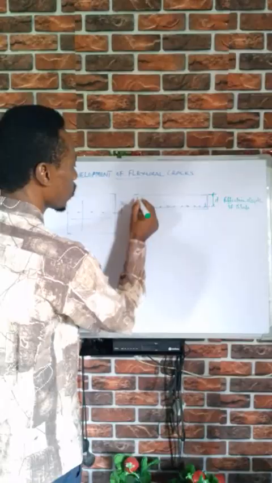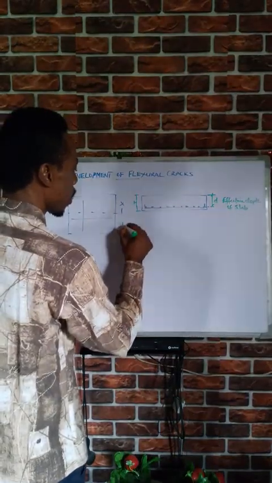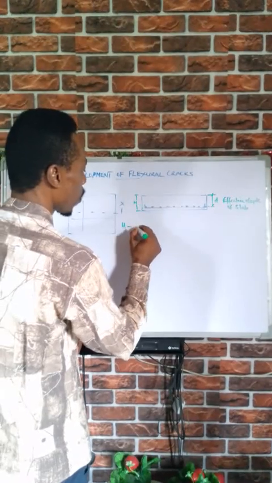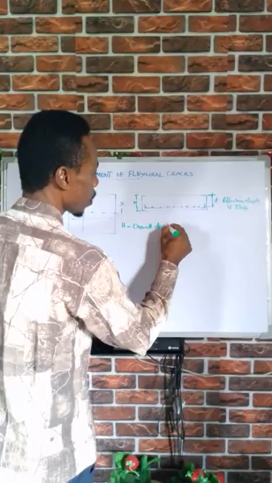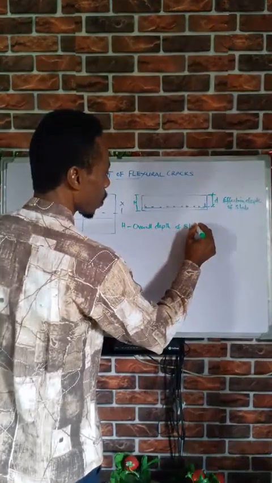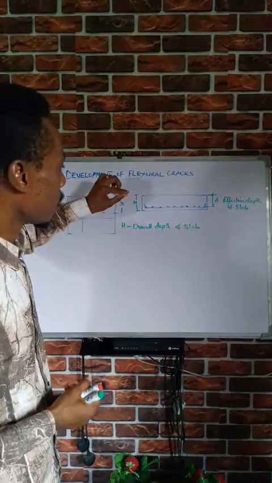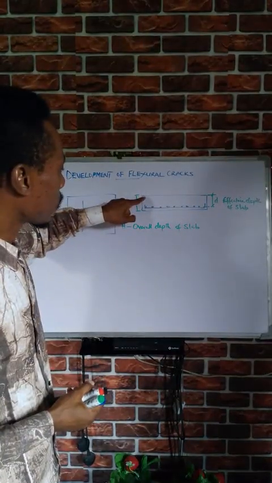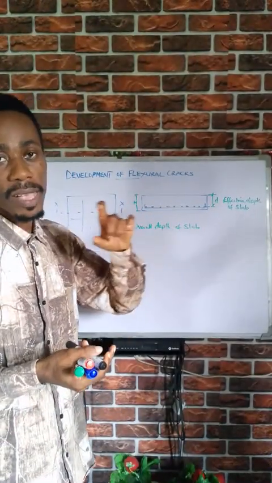From this point to this point is our h, the overall depth of the slab. That is the overall thickness of our slab.